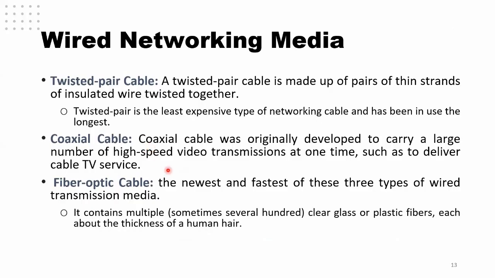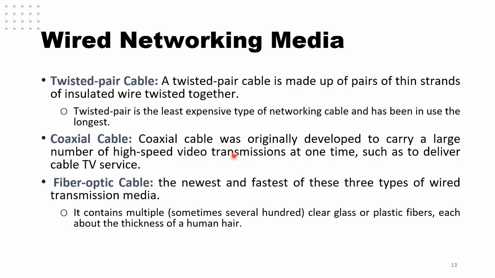Twisted pair is the least expensive networking cable, and it has been used for a longer period of time. When it comes to the coaxial cable, it was originally developed to carry a large number of high-speed video transmissions at one time, such as to deliver cable TV services. As they can transmit video with high speed, they are mostly used in cable TV and TV antennas.